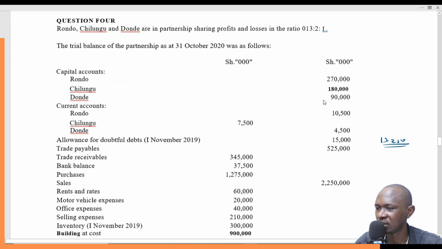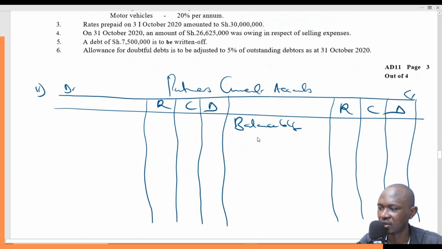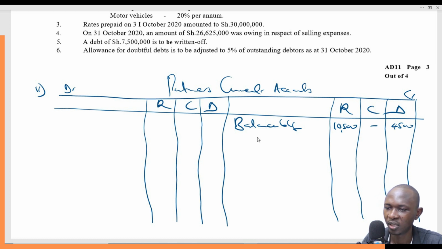So Rondo is 10.5. Chilungu, unfortunately, it's a debit balance. Donde is 4.5. So 10.5 and 4.5. Then we'll also have another balance brought forward of 4.5 for Chilungu.